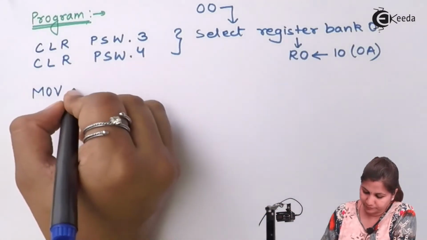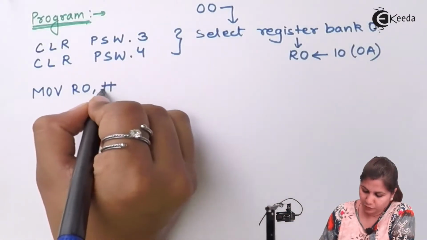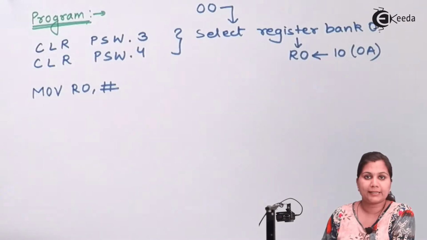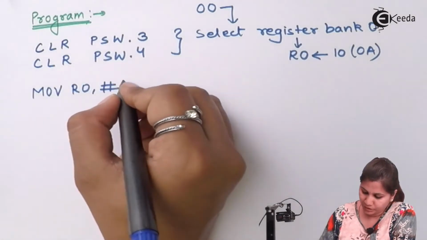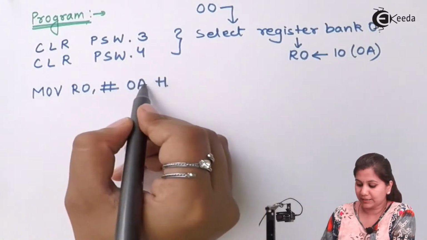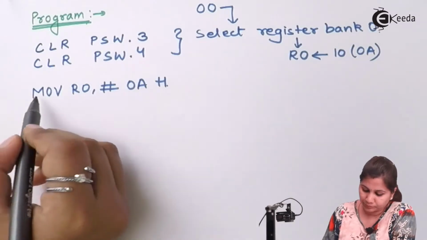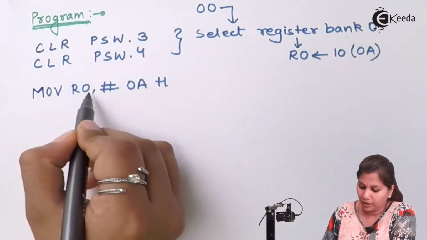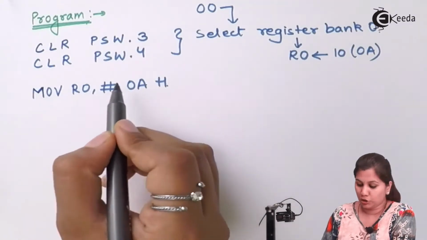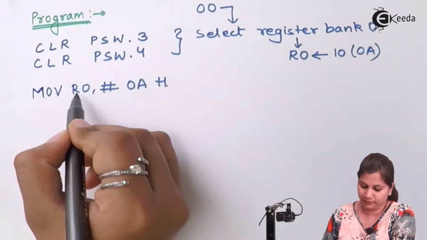So MOV R0, and 10 is the immediate data, so we are writing this symbol hash and then 0AH. H means that this number is in hexadecimal notation. Okay, so MOV R0, 0A. So this 0A will be stored in the R0 register.